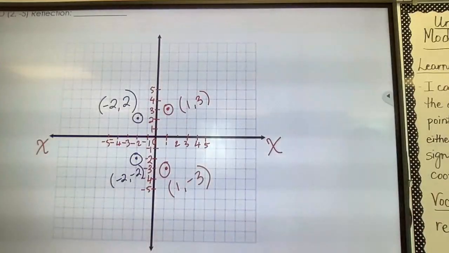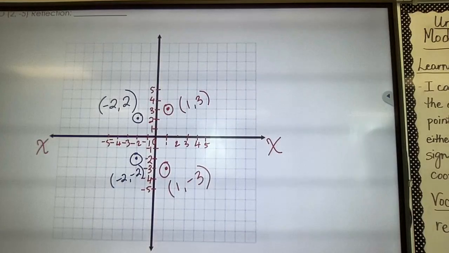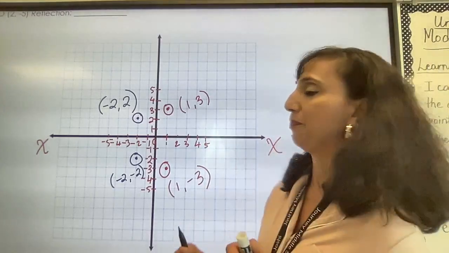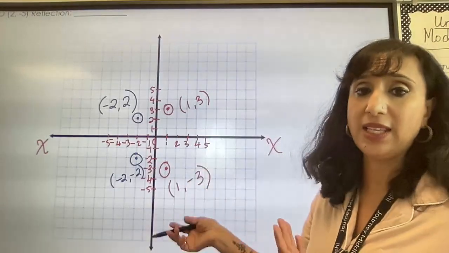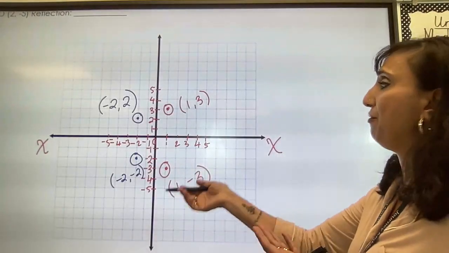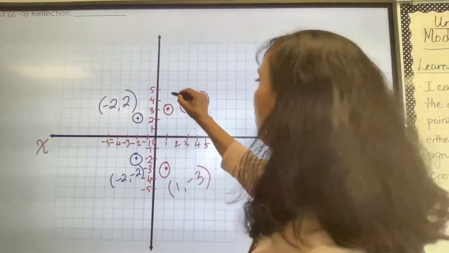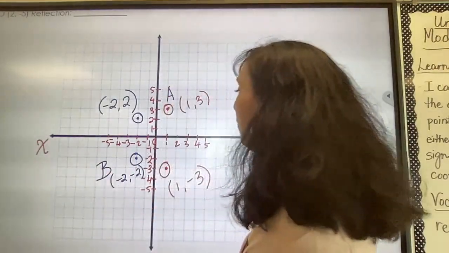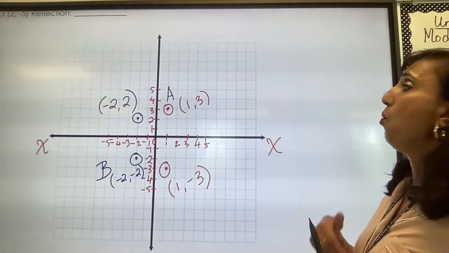All right. We can do another reflection, which is going across. Now this was on the x. Now let's see what if I'm just going to take these same things and reflect it across the y. So let's say this was A, and let's say this was B. All right. And now I'm going to reflect it on the y-axis.